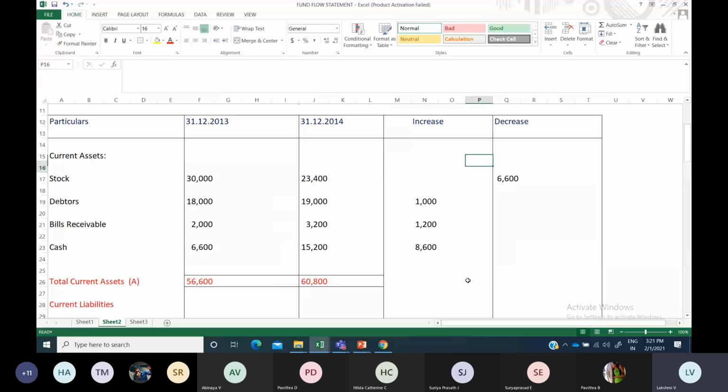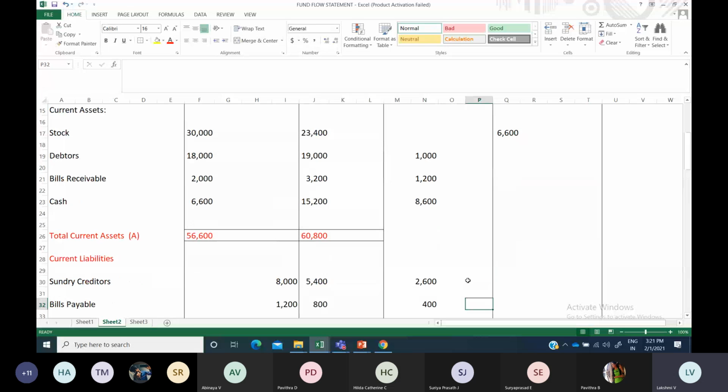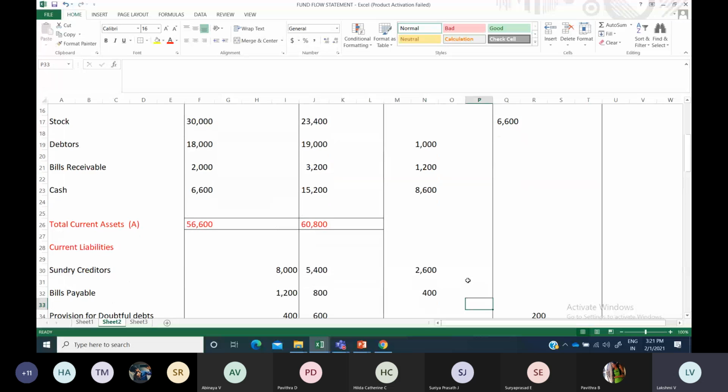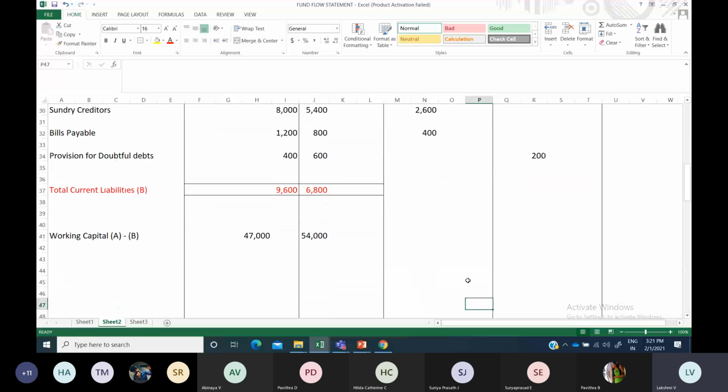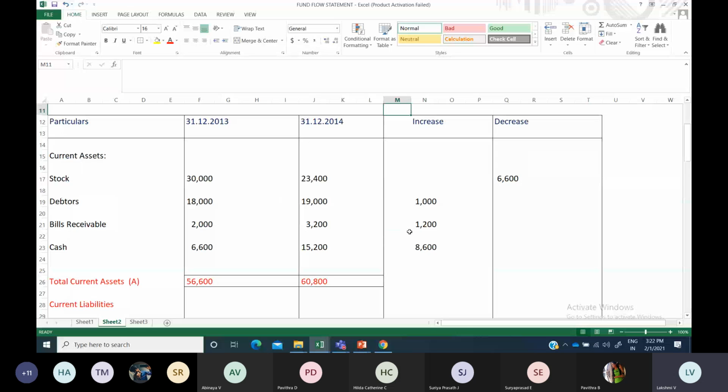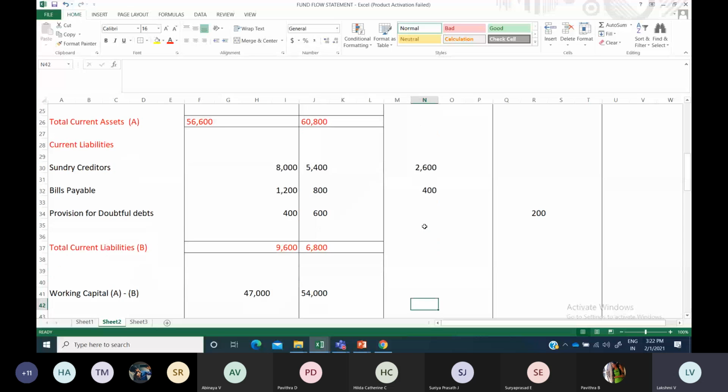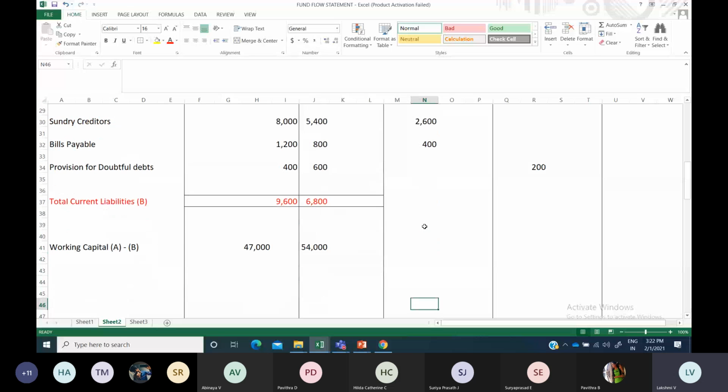You just total your increase column separately and decrease column separately and find out how much you are getting. Right from the beginning, increase column 1000 plus 1200 plus 8600 plus 2600 plus 400. Just find out how much amount you are getting.